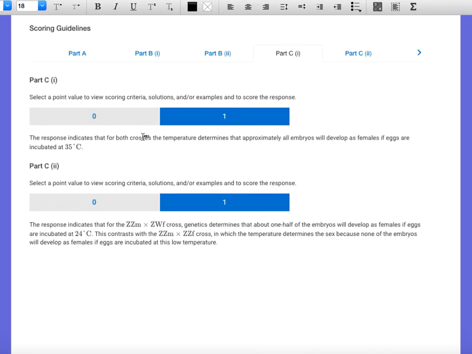So okay, for C, both crosses, the temperature determines: all embryos will develop as females if the eggs are incubated at 35, and the response indicates that for this cross, about half. Okay, and that contrasts with this, in which temperature determines the sex, because none of the embryos will develop as females if eggs are incubated at this low temperature.